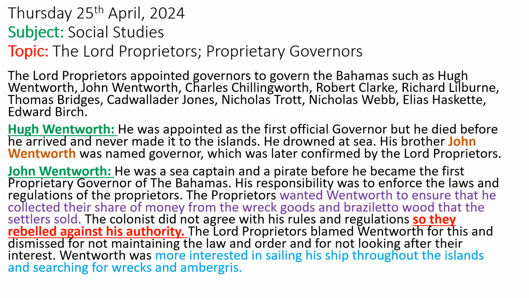The colonists did not agree with his rules and regulations, so they rebelled against his authority. The Lord proprietors blamed Wentworth for this and dismissed him for not maintaining the law and order and for not looking after their interests. Wentworth was more interested in sailing his ship throughout the islands and searching for wrecks and ambergris. Very good.